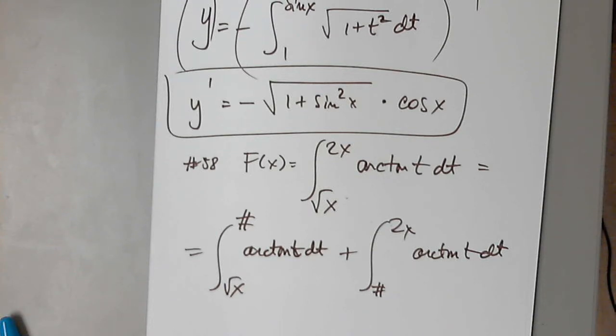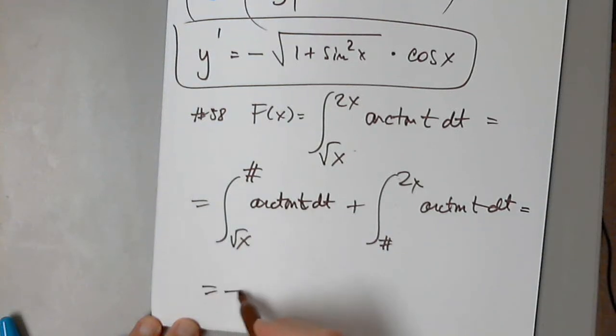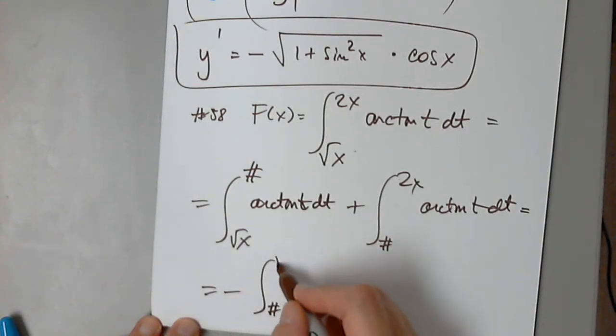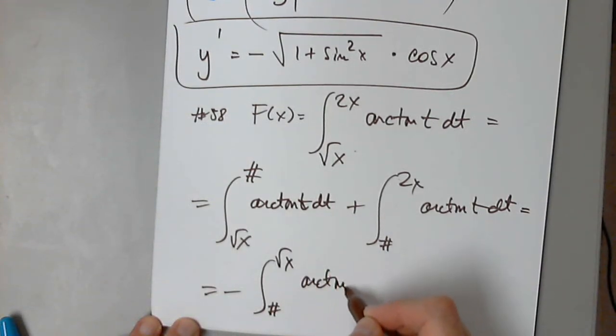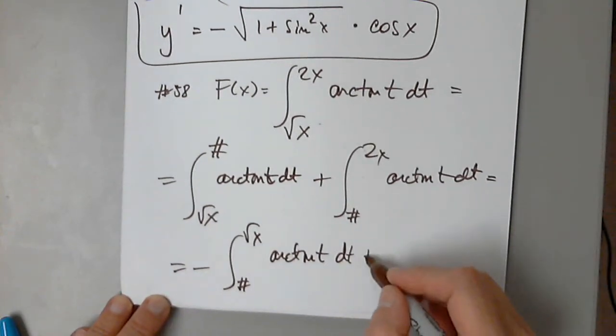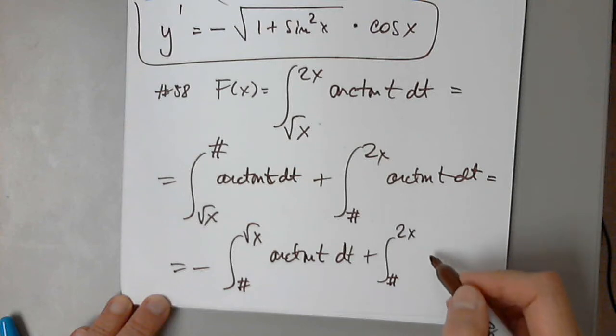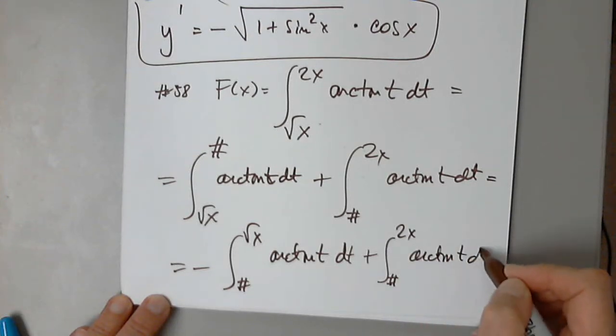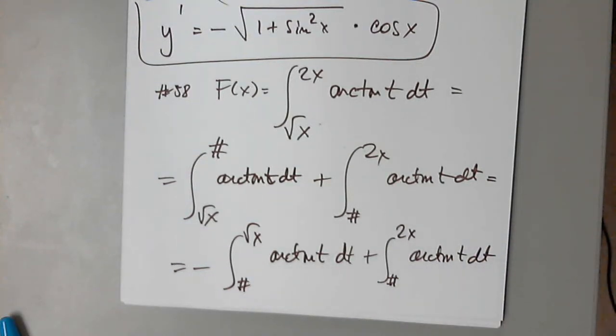Exactly. I have to flip this one. And then it's ready. So then we write negative the integral from whatever to the square root of x, arc tangent t dt, plus the integral from whatever to 2x, arc tangent t dt. Now we can differentiate.